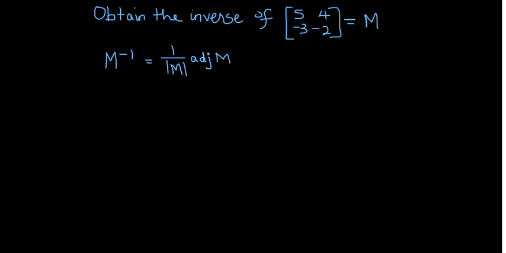Okay? So the notation doesn't mean that only if the matrix is called A you could get A inverse or find the determinant of matrix A or the adjoint of matrix A. The important thing to know is that if you have a matrix called M and you need to get the inverse of the matrix, this is the way that you get your inverse, but instead of writing A, you would write the name of your matrix.